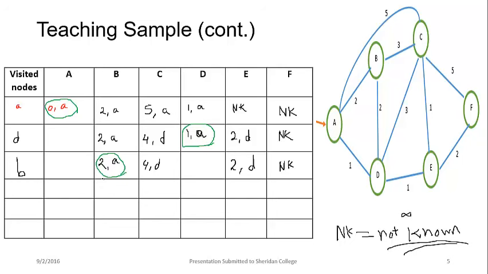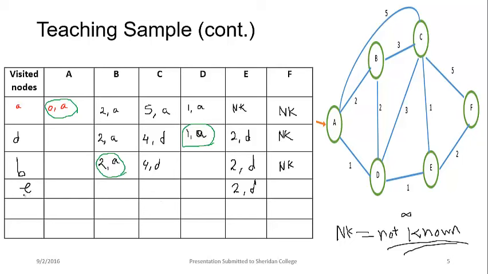Right. That's fine. And then I have to check the minimum distance here. 2D, 4D, 2D is less. So I go with 2D, and it's node E. Of course, I put E here, node E.